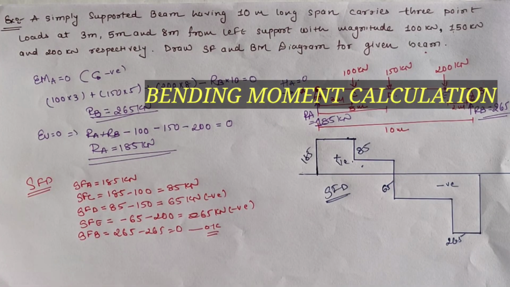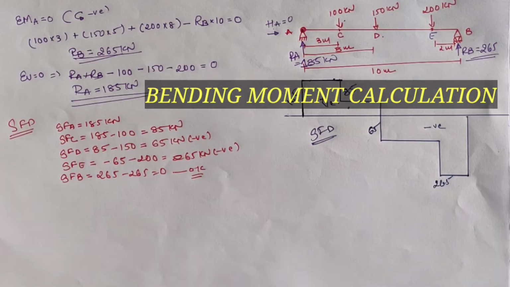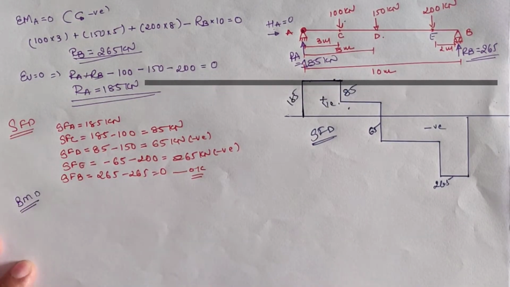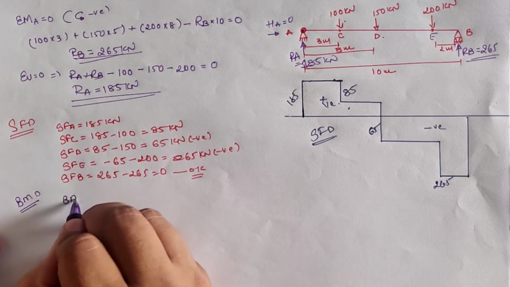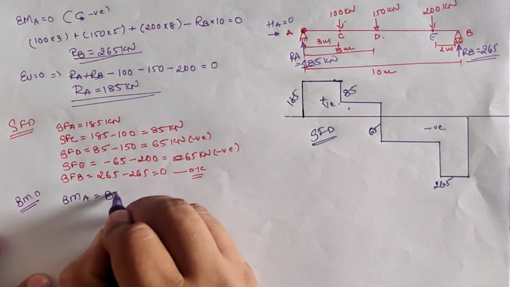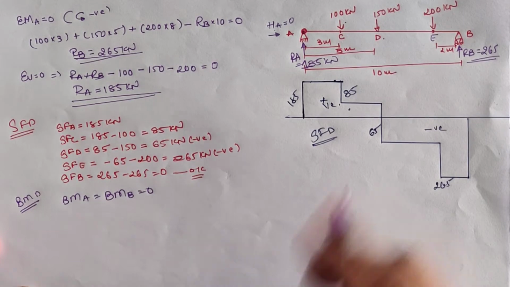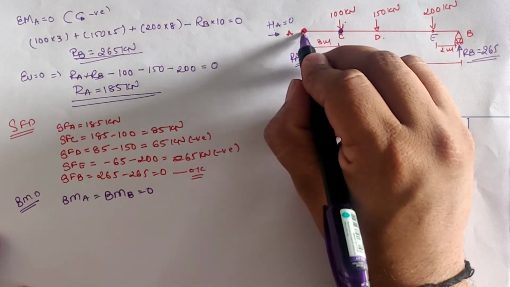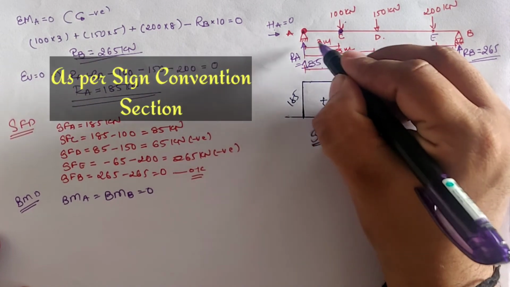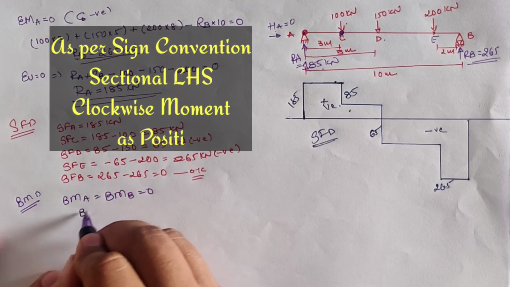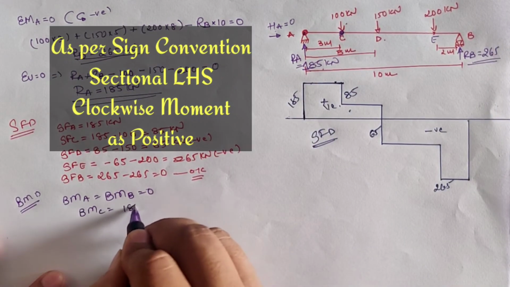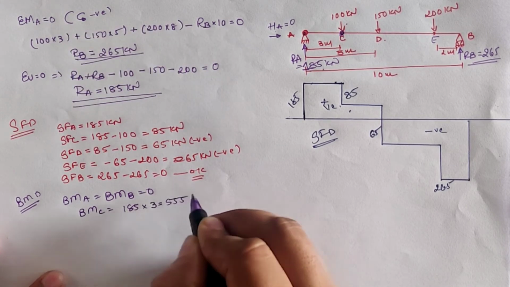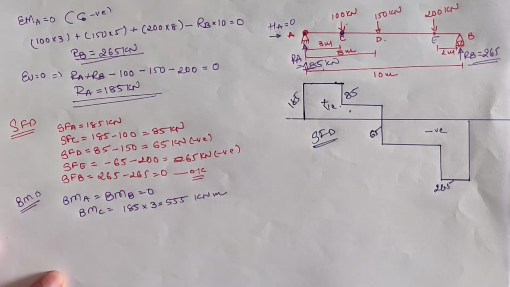Now going ahead with the calculation of the bending moment diagram. We know that at the supports our bending moment is 0. Now at location C, if we take the moment from the left hand direction, then it is 185 into 3 in clockwise direction, so it is positive 185 into 3, which is 555 kilonewton meter.